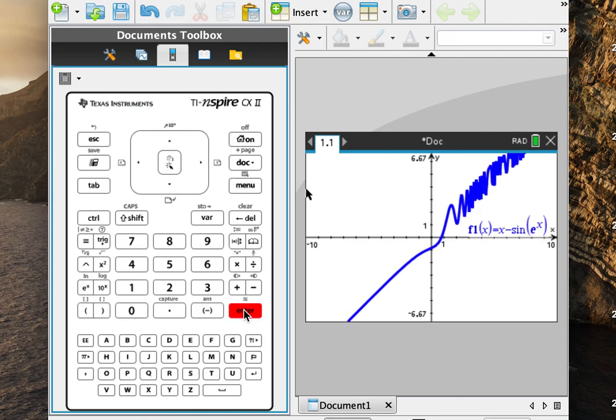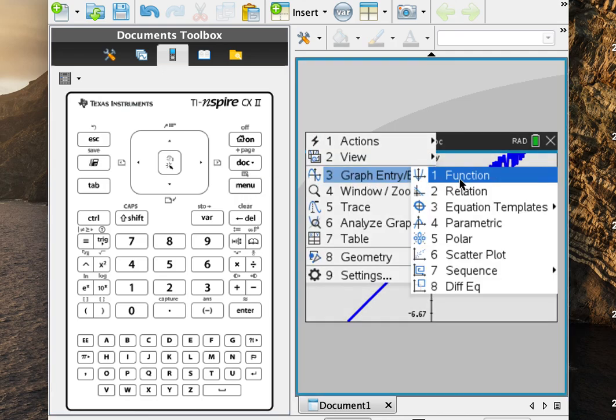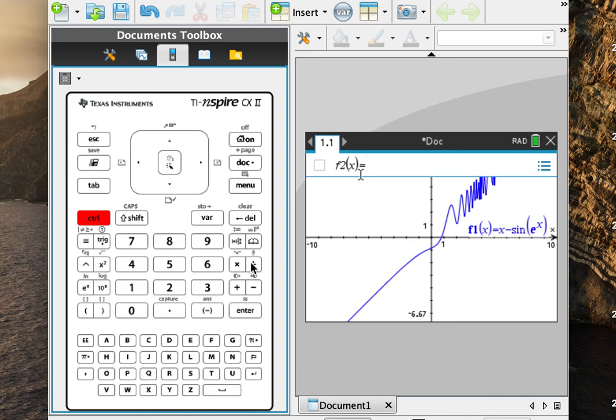So there's our function. That's what the graph of x minus sine of e to the x looks like. Now I need to graph another function. So I go menu, graph, function, and now it goes to y2. And this is going to just be the fraction 3 divided by 2.